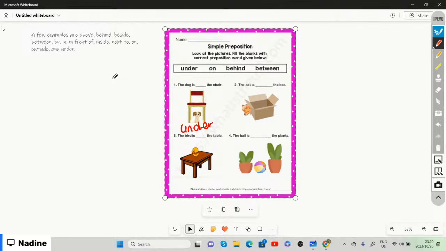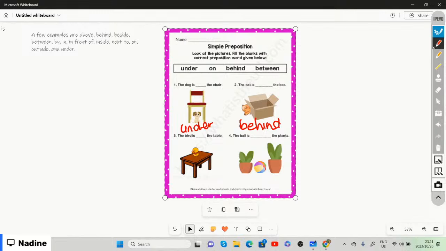So you either need to say if the cat is under, on, behind, between. All right, so if we look at where the cat is, we can say the cat is behind the box. All right, so this cat is hiding behind the box.